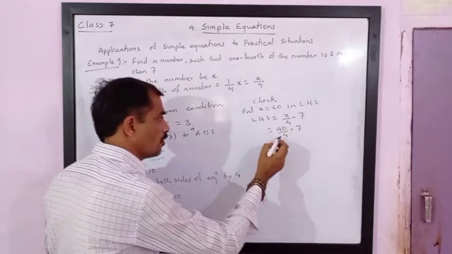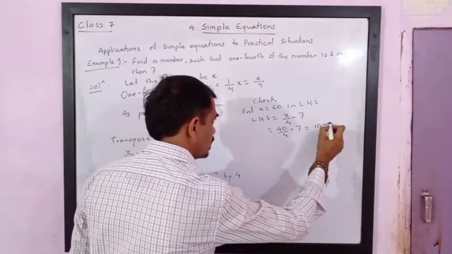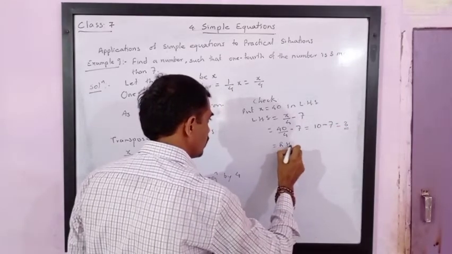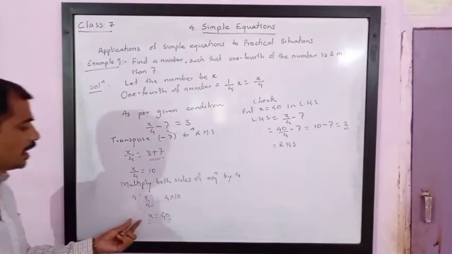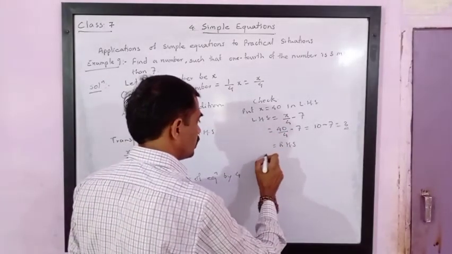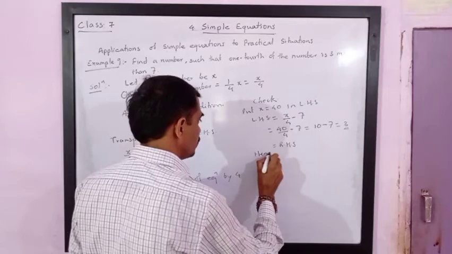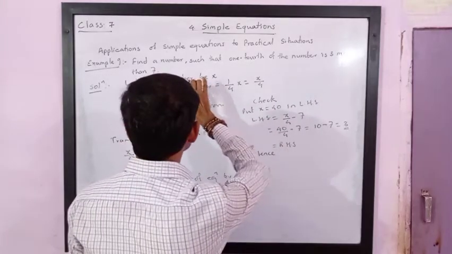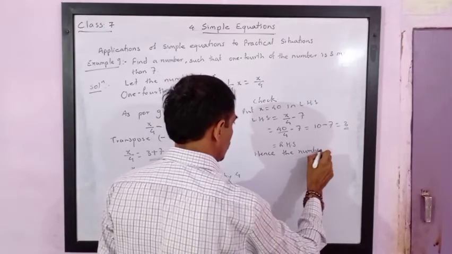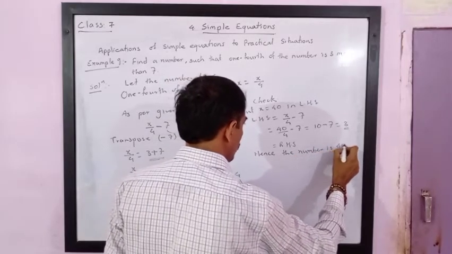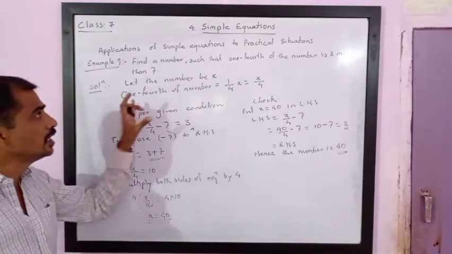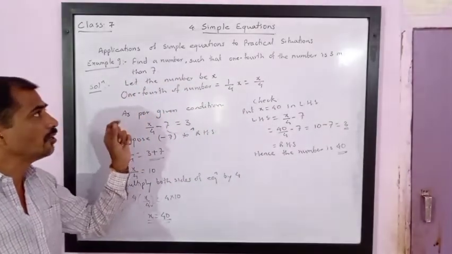Now 4 tens are 40, so this is equal to 10 minus 7, that is equal to 3. So it means LHS is equal to RHS. Thus our solution is correct. x is equal to 40 is correct. Hence the number is 40.